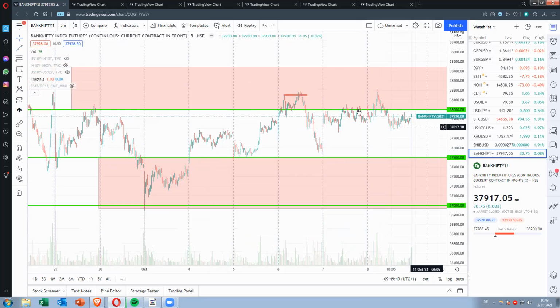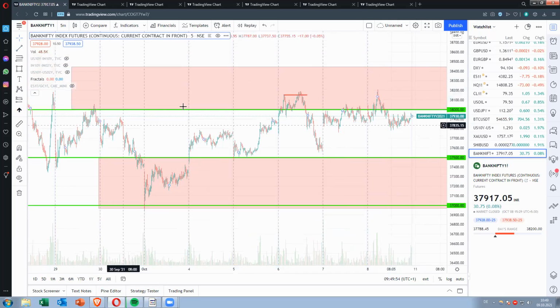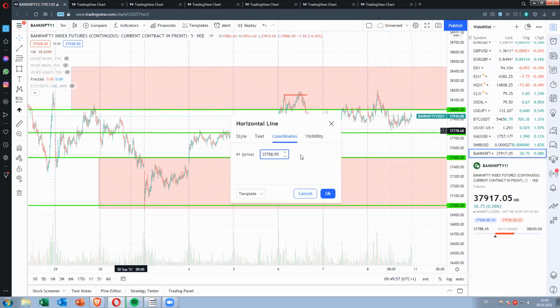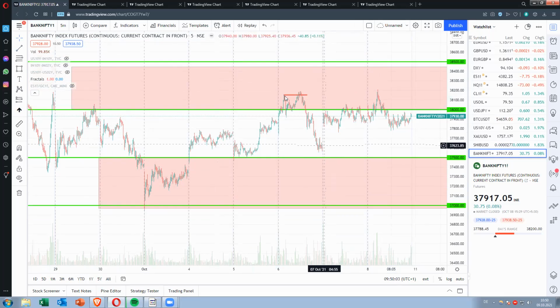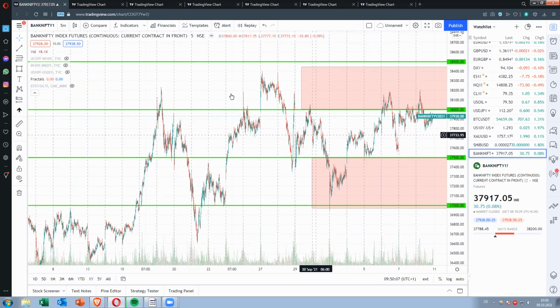So you will look for these types of positions, and let's say one more, the 38,500. We look at these levels and try to make sense of what happens above and below them.